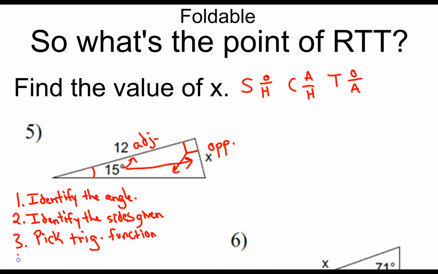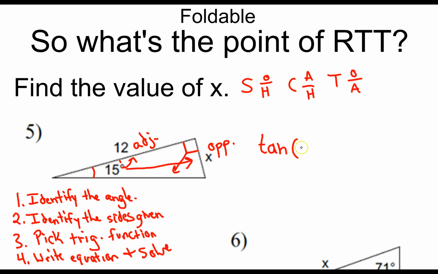So now, step 4, write equation and solve. Okay, so my next step, now that I've identified I need tangent, I'm going to write the equation. Now to write the equation, all you do is write your trig function, in this case tangent, of, and then remember, with the trig function, you always want to write the angle.